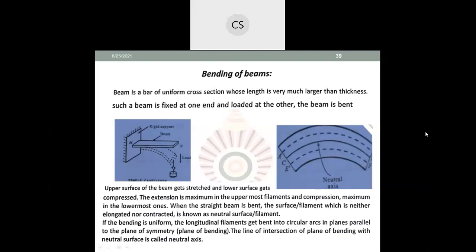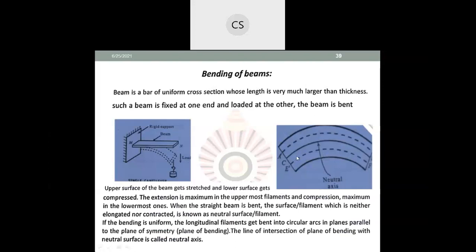Suppose a beam gets subjected to load uniformly. Let us say both ends of the beam are supported and at the middle you are applying the force, then it bends like the second picture.